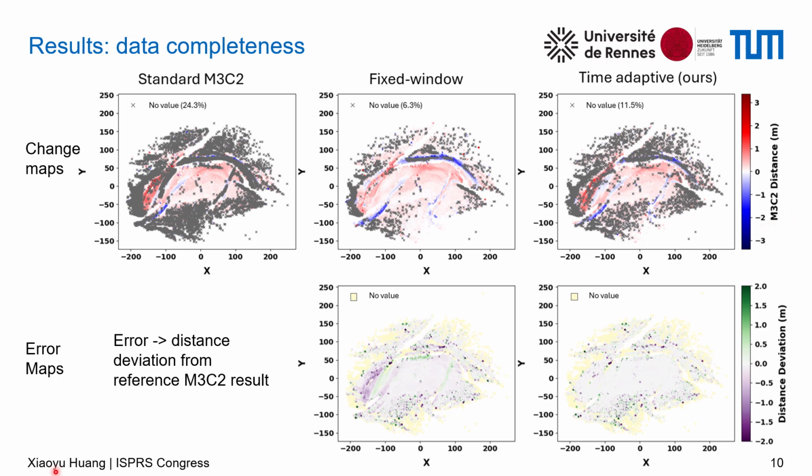To see that, we must look at the error maps in the bottom row. Here you can see the error map for fixed window aggregation. Notice the heavy concentrations of deep purple and green colors along the channel banks. By indiscriminately merging 2 months of temporal data spanning 9 epochs, it severely smoothed out the real short-term topographic dynamics, causing massive over- and underestimations.